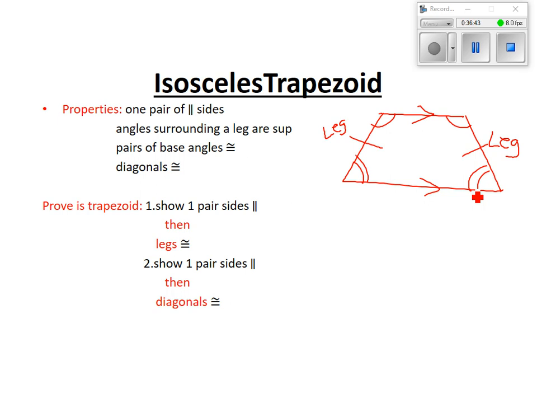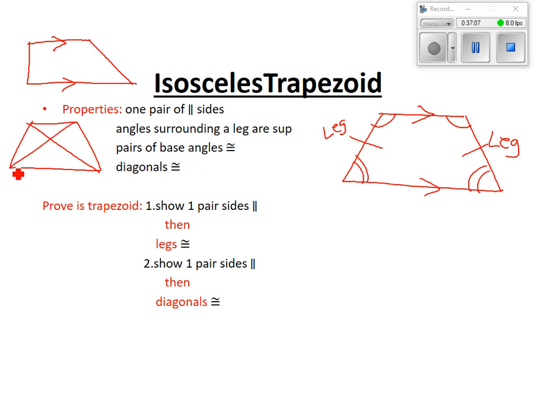Now, some other trapezoids, if you don't know what another trapezoid might look like, a trapezoid could look like this. As long as those two sides are parallel, that's still a trapezoid. It's just not an isosceles trapezoid. Also, in an isosceles trapezoid, one other thing, when you draw in the diagonals, they don't bisect each other. But are they congruent?